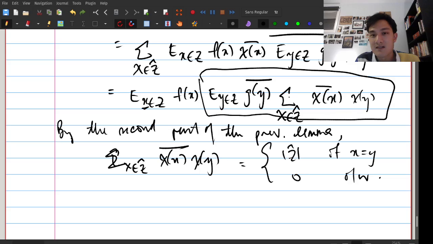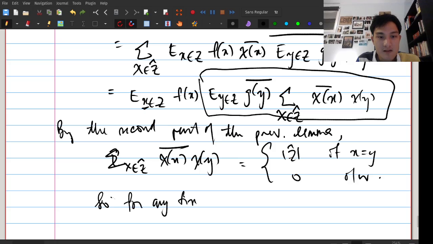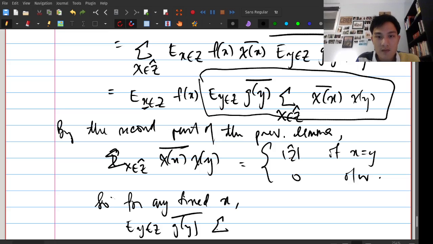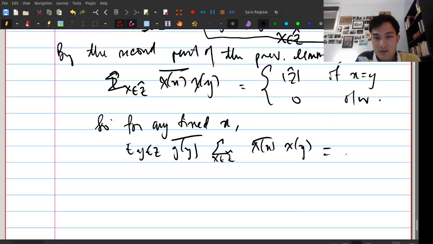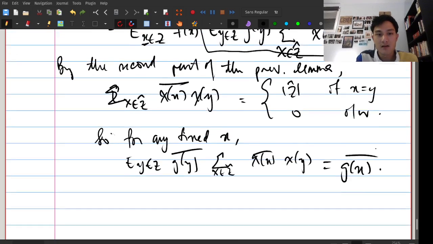And when y is equal to x, this thing is the size of Z. So the expectation over the size of Z is canceled out, and the only thing left is g of x, because y equals x. So for any fixed x, the expectation over all y in Z of g of y bar, times the sum over chi in Z hat of chi of x, chi of y, is equal to g of x bar.